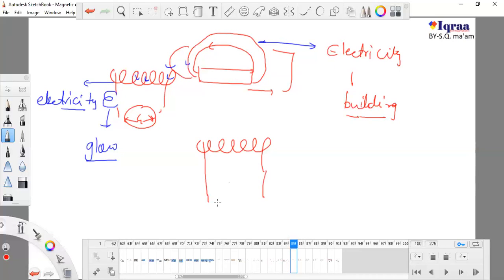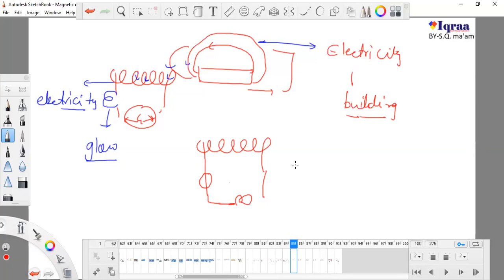When this circuit is getting electricity, you can remove the galvanometer, because there is no need of it. You can use a bulb, or a TV or refrigerator, whatever you want. The galvanometer is just for our knowledge of whether current is flowing or not, and other than this it has no use.